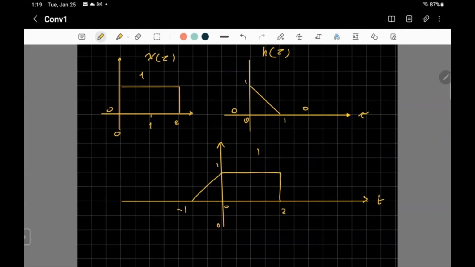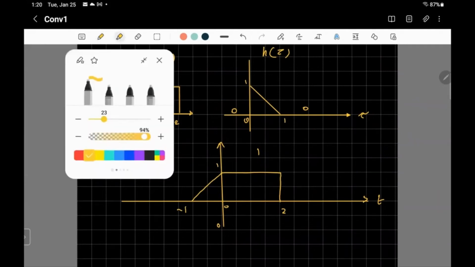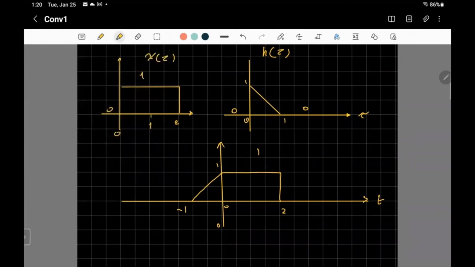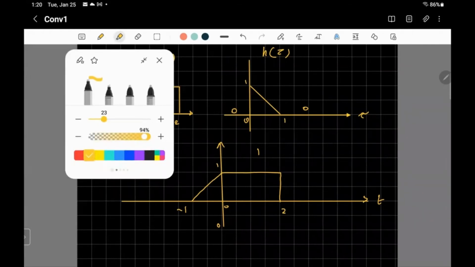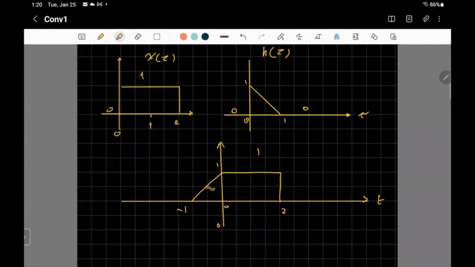And we are going to color it. So that's h of minus tau, and that's x of tau.